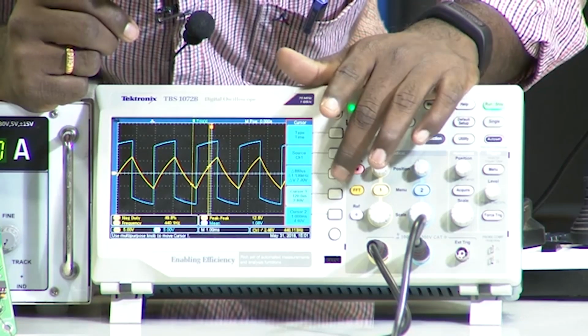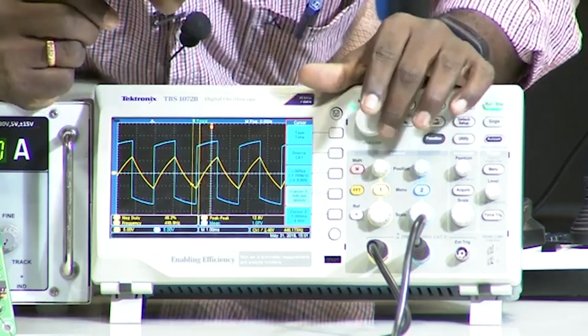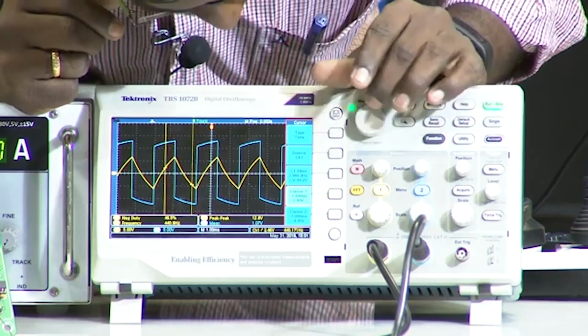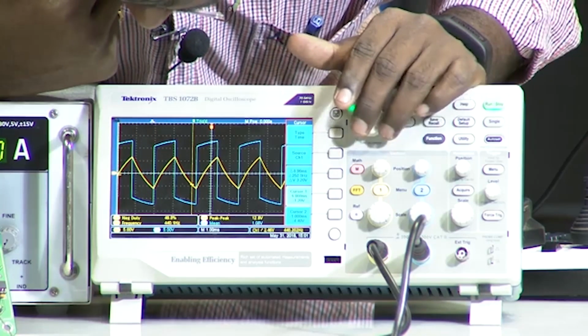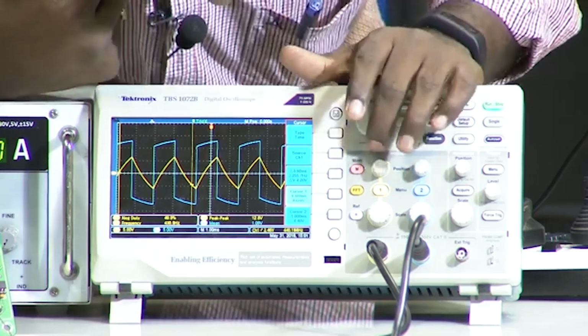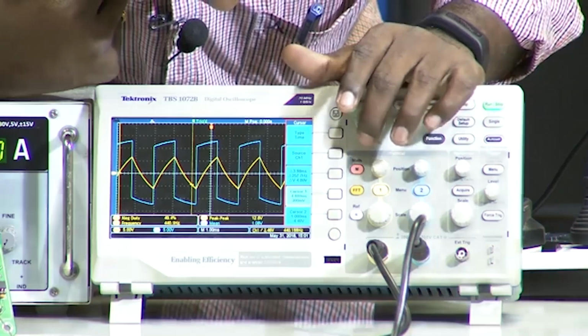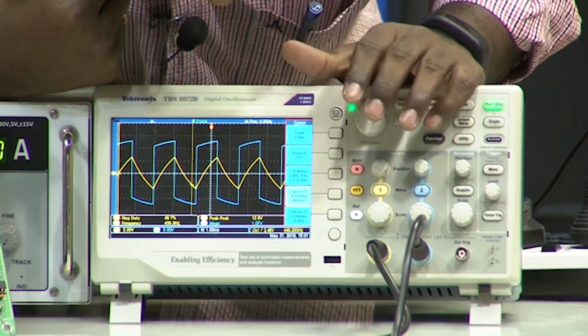What I will do is take the first cursor and move it across the 0 line. So, 0 is somewhere here, right. So, cursor 1, if we notice, will be at 0 volts.